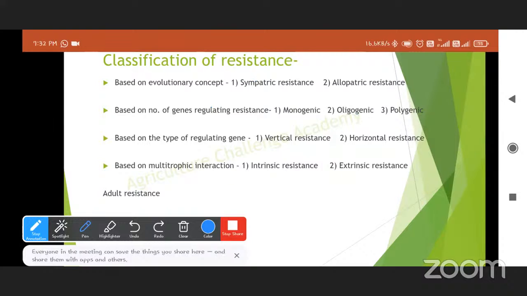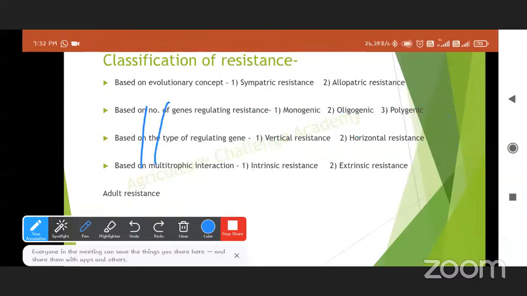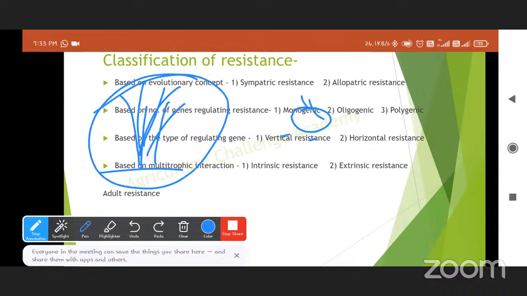See, in allopatric resistance, what happens? The plant develops resistance in the absence of the pest. There is no insect. See, this is one rice plant, and consider any insect.